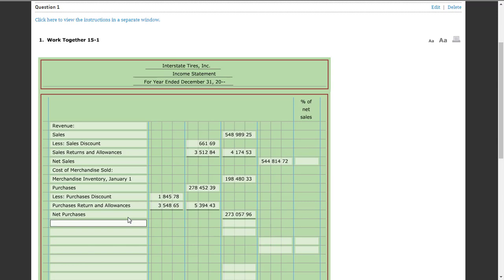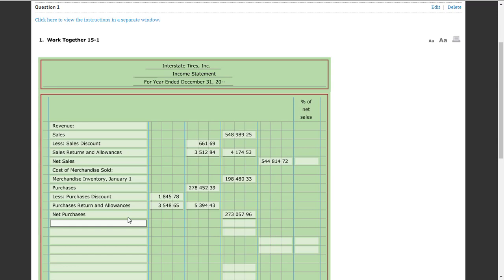Okay. So far, this is what we started the year with, $198,480. Throughout the year, the net amount of shoes that we bought equals $273,057.96. Agreed?